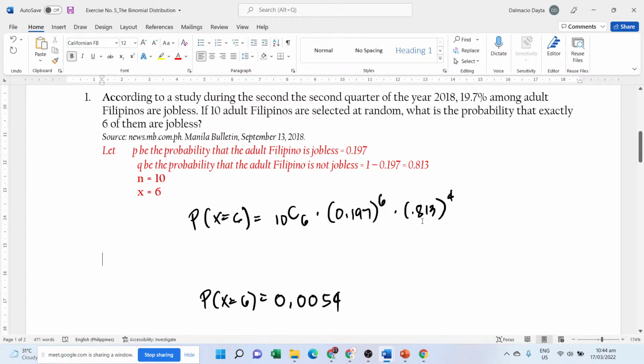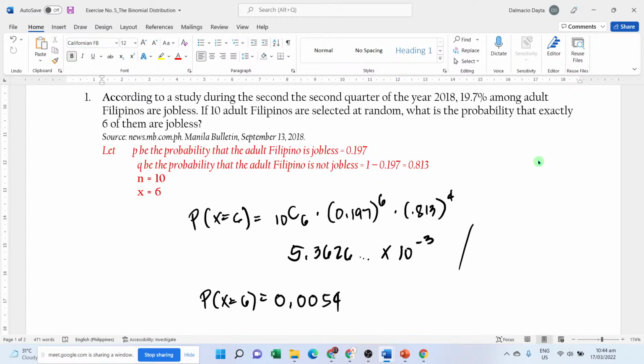For most calculators, what would appear is this one. Ang lalabas doon sa calculator, 5.36264 blah blah. Marami pa yan, depende sa digit ng calculator nyo, times 10 raised to negative 3.